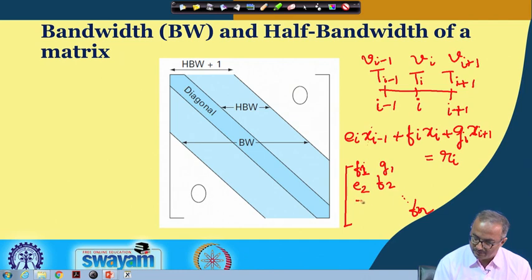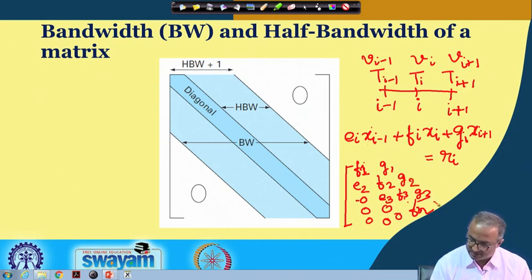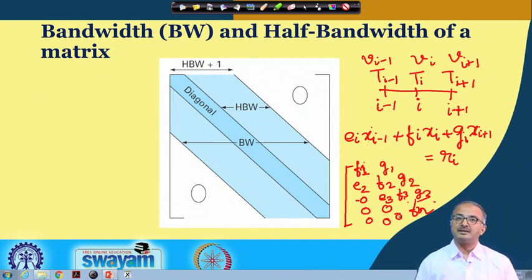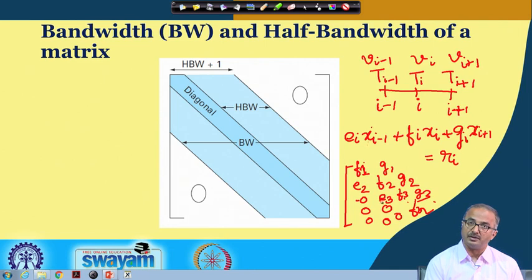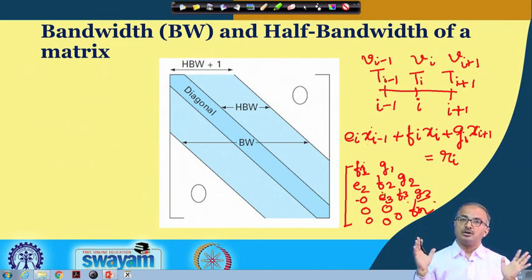Then you have 0 here, then E3, F3, then G3. So you will find that most of these things will be 0, and you will have 3 bands. One is G2 here, G3 here, like this it will go. So you have a banded structure. One is the main diagonal, then one is the super diagonal, and one is the sub diagonal. So only these 3 things will be there with you, and the rest of the elements will be 0.